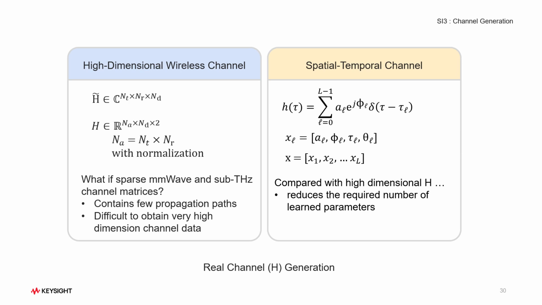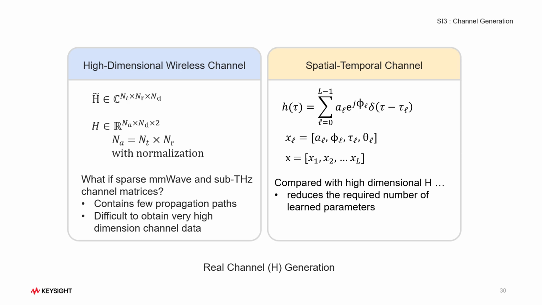Typically, they are associated with multiple antennas at both transmitter and receiver, leading to spatial diversity and can increase capacity and spectral efficiency. However, sometimes it is inefficient to use this high-dimensional channel when it is sparse, such as millimeter wave and subterranean channel. The huge size of a channel matrix may contain only a few meaningful pieces of information.